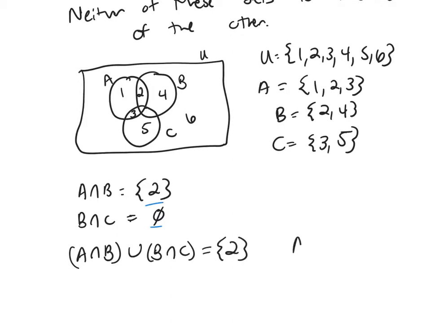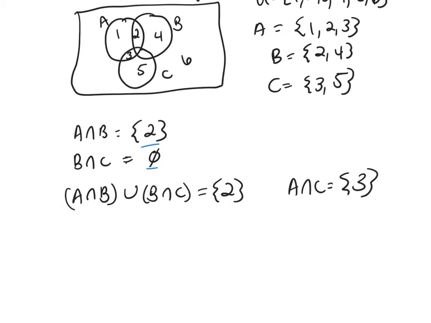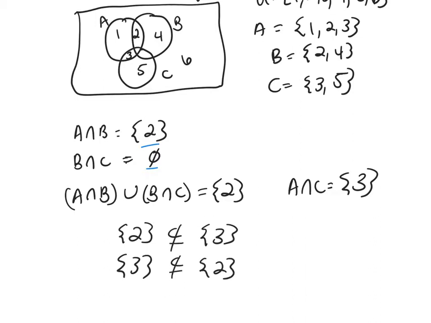And then if I look at A intersect C, the only thing in common is the set containing 3. And we know that {2} is not a subset of {3}, and {3} is also not a subset of {2}.